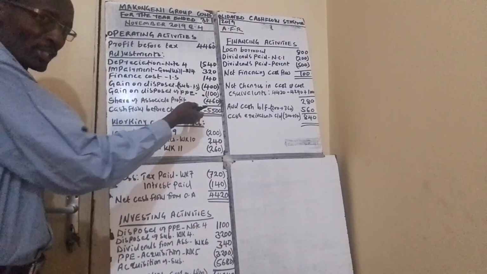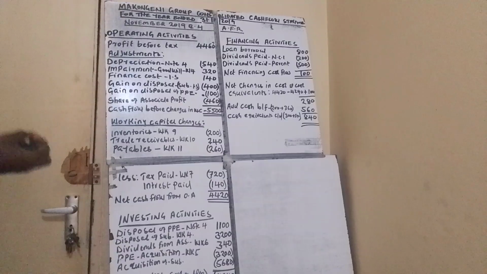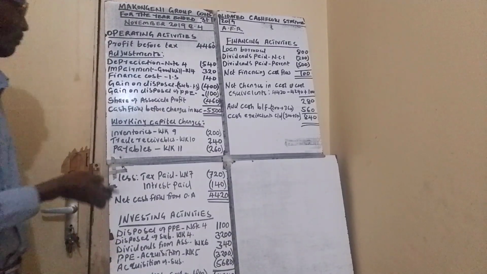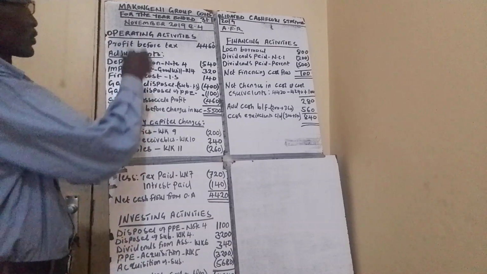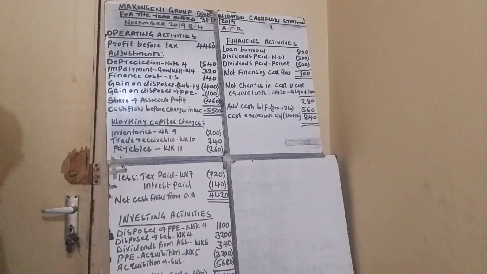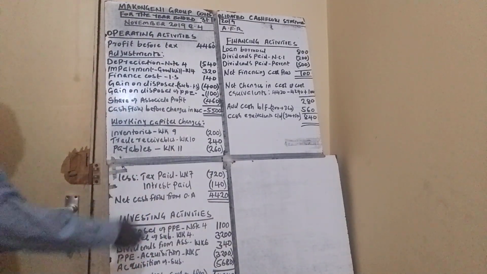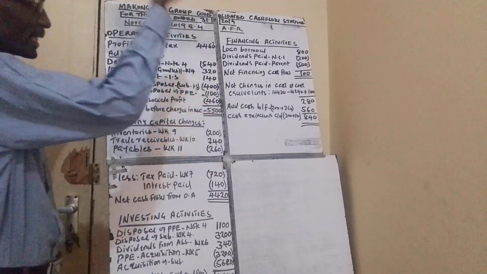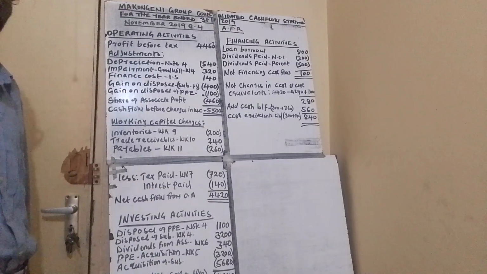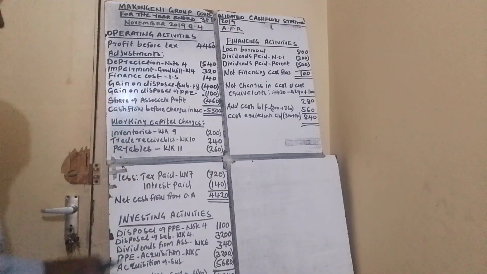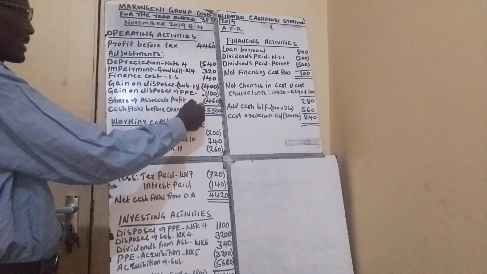Share of associate 460, but it is not an operating activity. If you are receiving shares from the associate, then that figure is not an operating activity. That is an investing activity. So that's why it has to be deducted, because it is a misplaced item and it has to be taken to the right side.